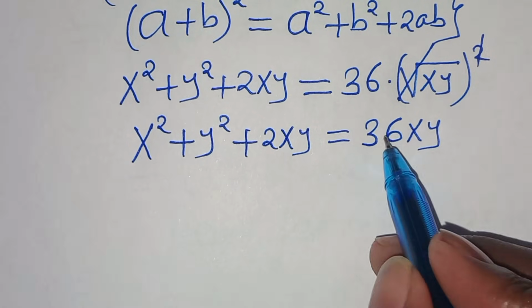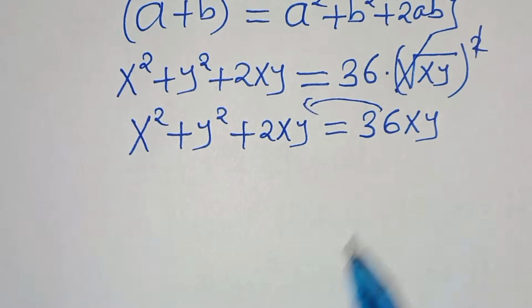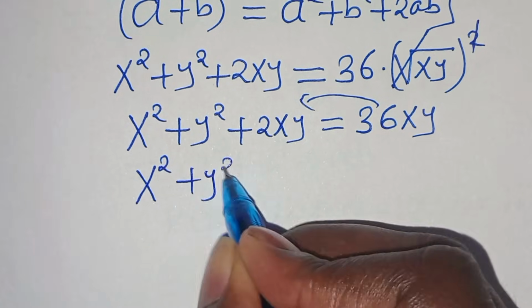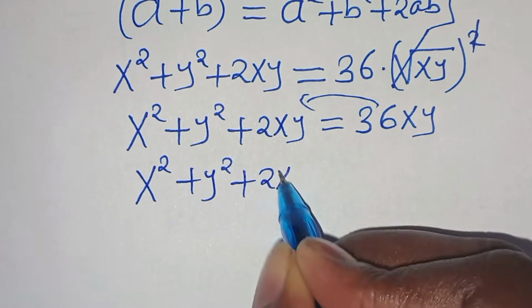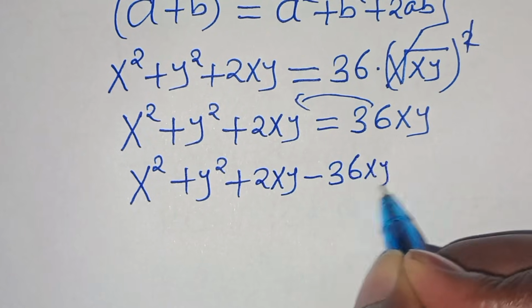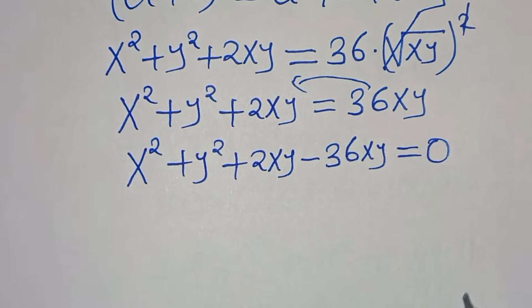Now, let's take 36xy to the left hand side, so that we have x squared plus y squared plus 2xy, subtract 36xy, equal to 0.